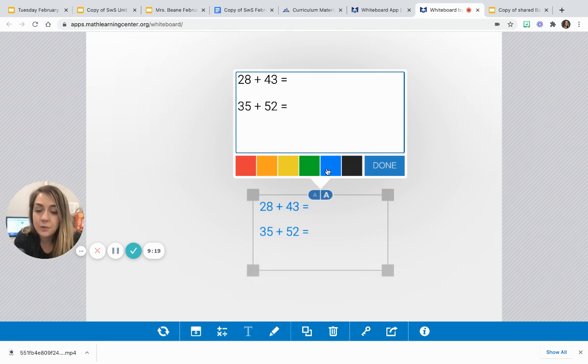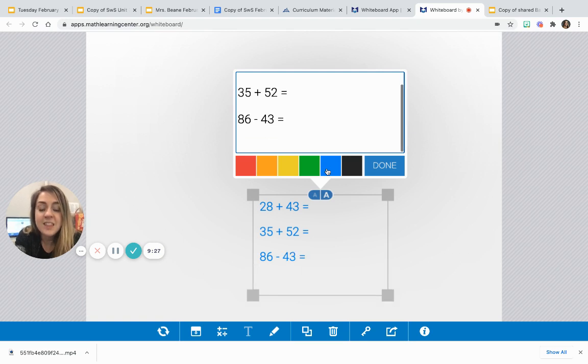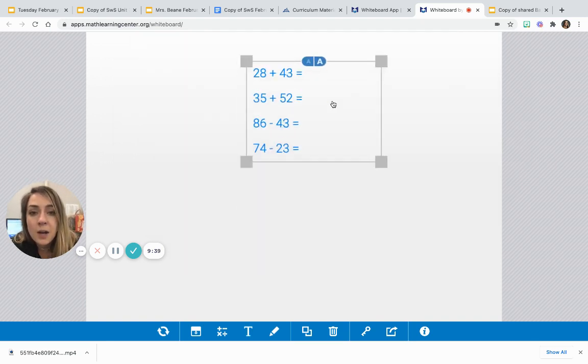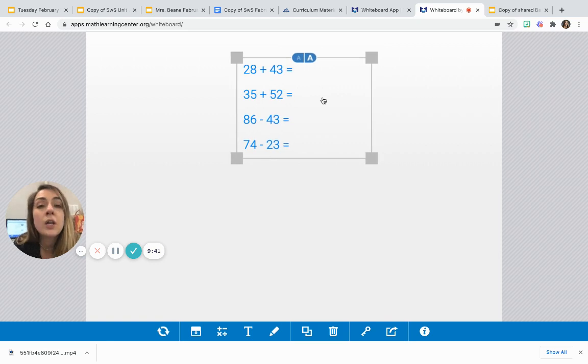Then I want you to do 86 minus 43. And then finally, I want you to do 74 minus 23. Okay, so there are the problems that you're going to do, and I want you to show me, using the splitting strategy, how you would solve those 4 number sentences.